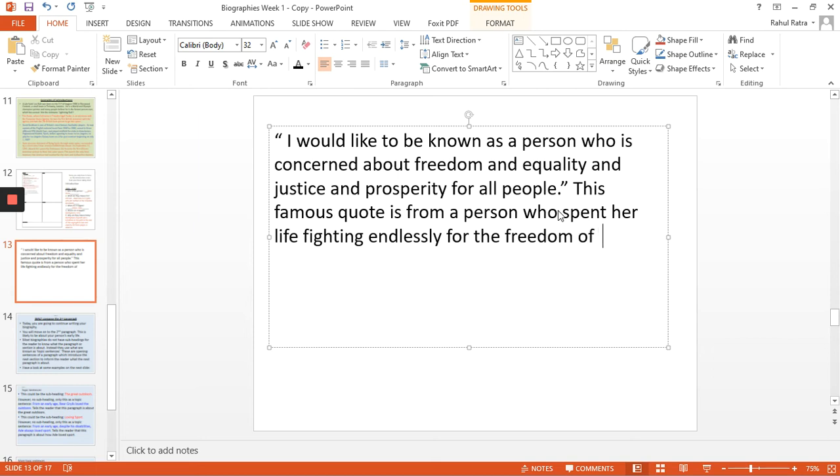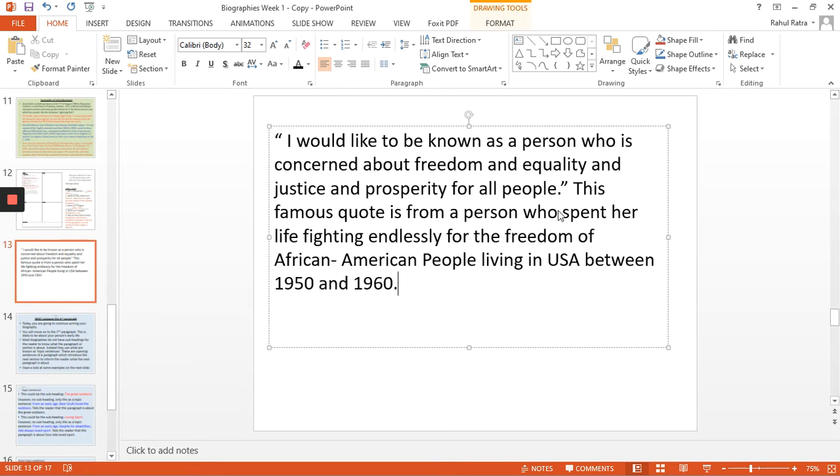For the freedom of African-American, capital letters, as there are two nationalities, African and American, African American people were living in USA, and when? Between 1950 and 1960. Full stop.